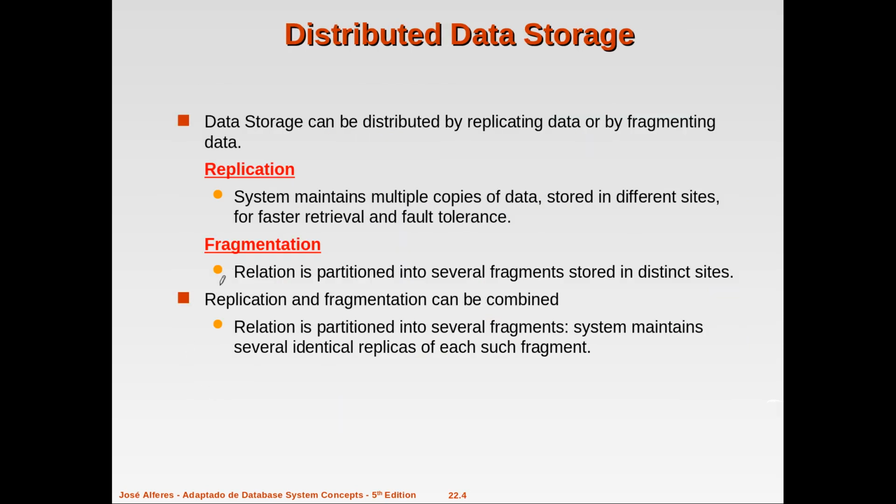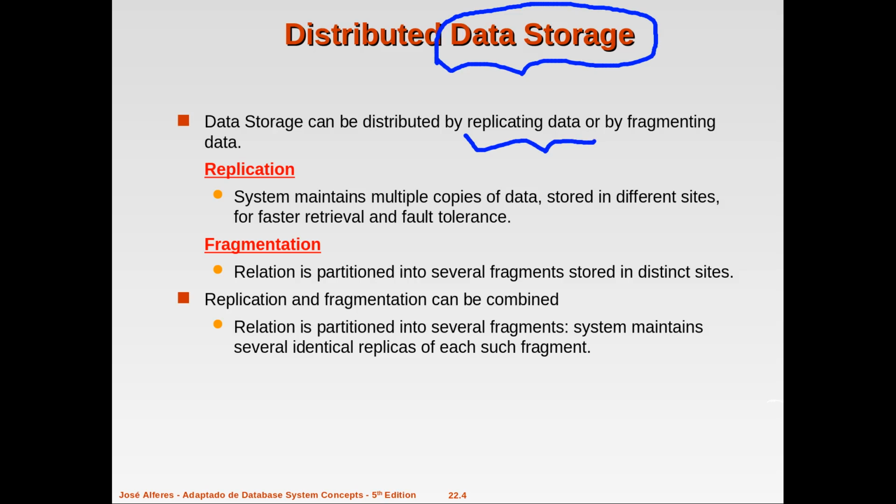Now in the distributed architecture or distributed database system, one of the major concerns is about the data storage, how the data is being stored in these distributed sites. Now the data storage can be distributed by replicating the data. So one of the major terms related to the distributed data storage is replication of data.